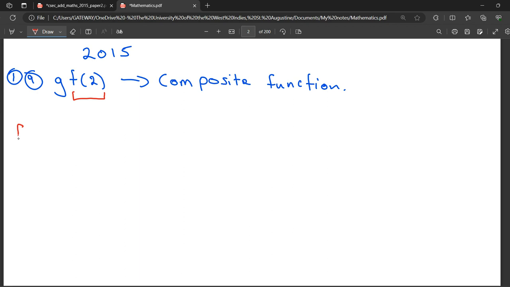So f of 2. Back to the function here: f of x is equal to x squared plus 5, and g of x is equal to 4x minus 3.